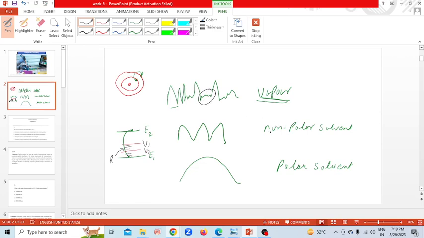When it is in a non-polar solvent, the vibrational and rotational transitions disappear, and you get only the electronic transition. But in a polar solvent like water, intermolecular interaction will be there, and due to it the peaks will be merged and give a broad peak like that. So these are the different types of peaks that will be available.